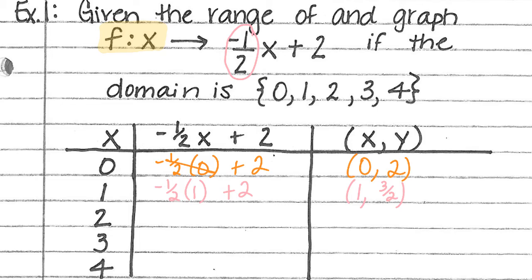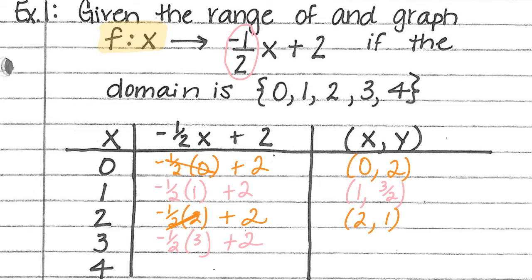All right, number 2. -1/2 times 2 plus 2. Well, I know that these 2's can cancel out, and 2 minus 1 is 1. -1/2 of 3 plus 2, well, that's -3/2.